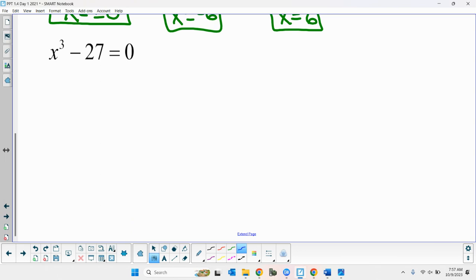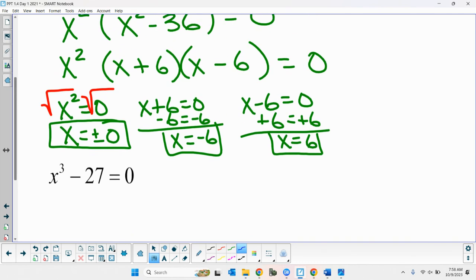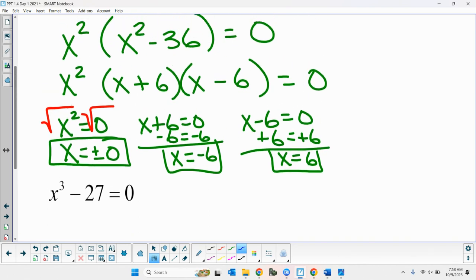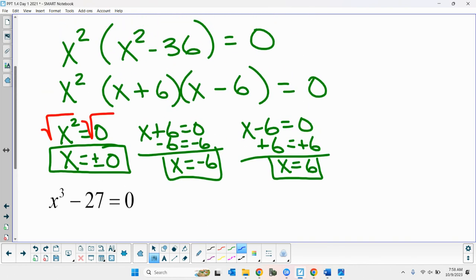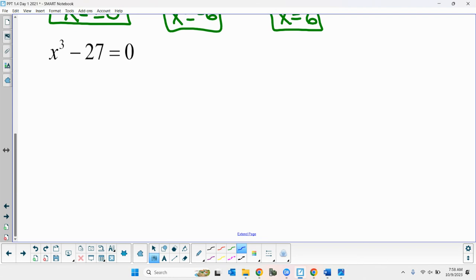Always do that first when you're factoring. Number 2 was look for a difference of squares, which meant it had 2 terms, and they were both perfect squares, and it had a minus between them, like this x squared minus 36. That's one of our difference of squares. Number 3 was called a sum or difference of cubes, and that's what this is. Okay?